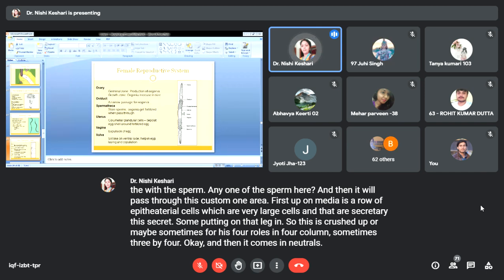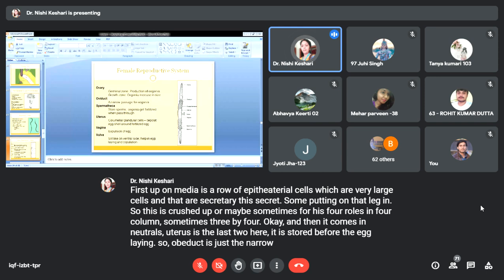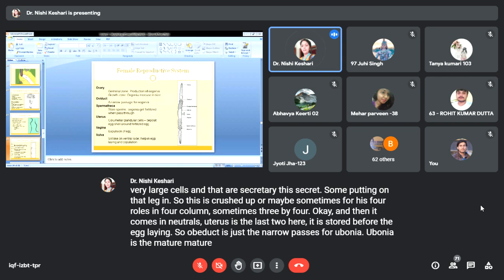The uterus is the last tube where the egg is stored before egg laying. The oviduct is just the narrow passage for the oogonia. Oogonia is the mature egg, the ovum. The spermatheca stores sperms; the oogonia get fertilized here and pass through.